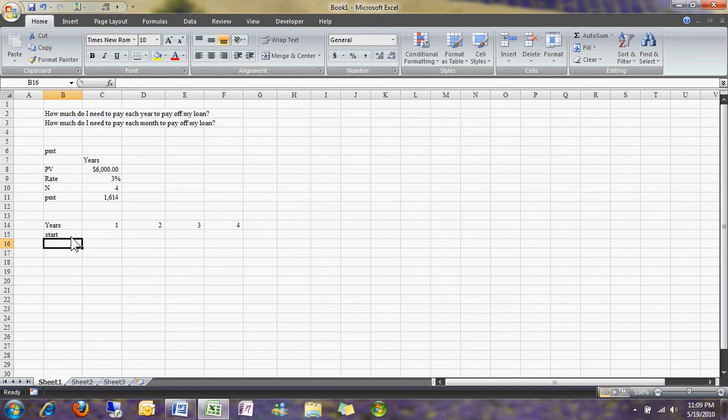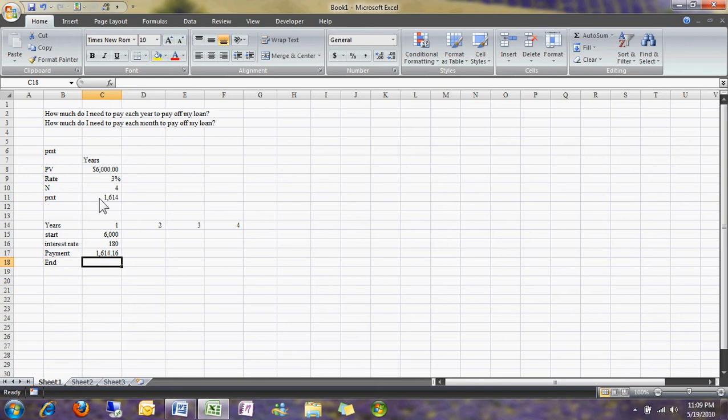So we start off with $6,000, and we add interest at a rate of 3%. So basically we take the $6,000, multiply it by 3%, and we put in the payment that we're going to be paying on this loan, which is equal to this $1,614.